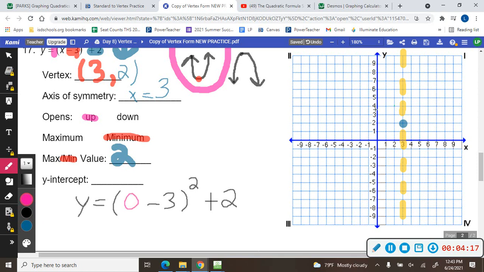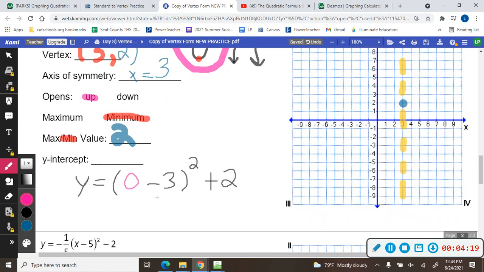And that'll tell me the y-intercept. 0 minus 3 is -3. -3 squared is 9. 9 plus 2, I'd get 11. So I just found that my y-intercept is at 0, 11.